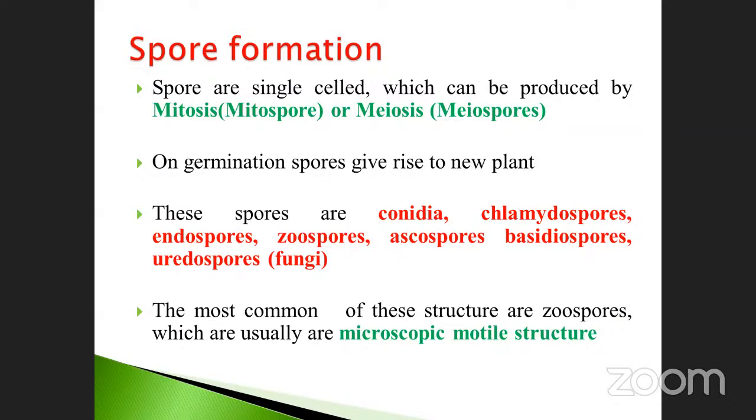A spore is nothing but a small, minute, microscopic, single-celled structure. Let me repeat: spore formation is the second one. The spores are single celled, and can be produced by mitosis. That's why it is called a mitospore. If it is produced by meiosis, it is called a meiospore.